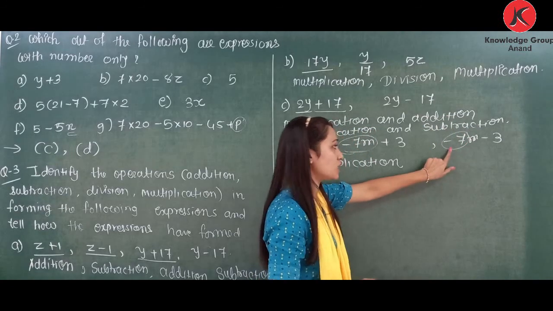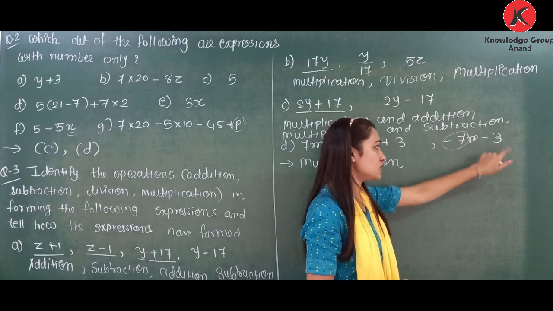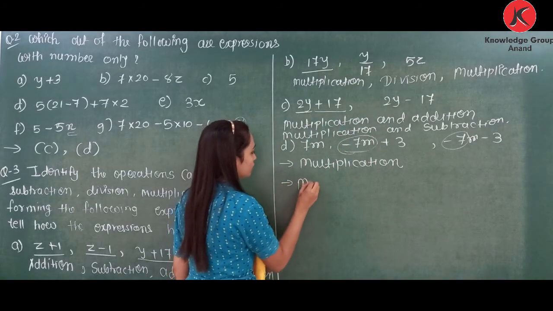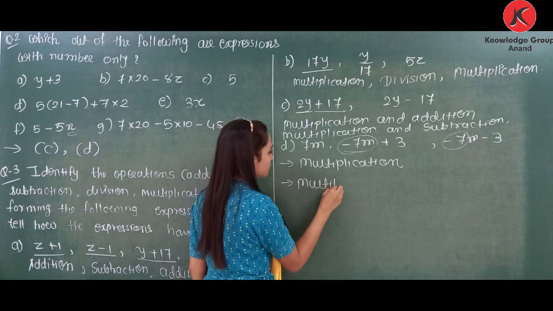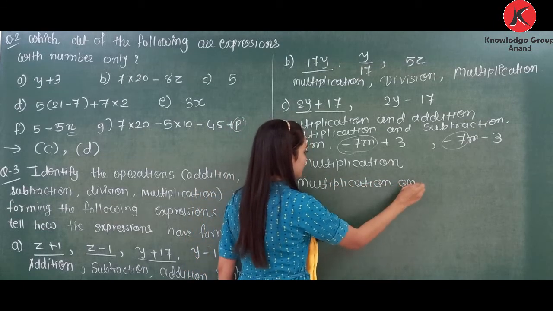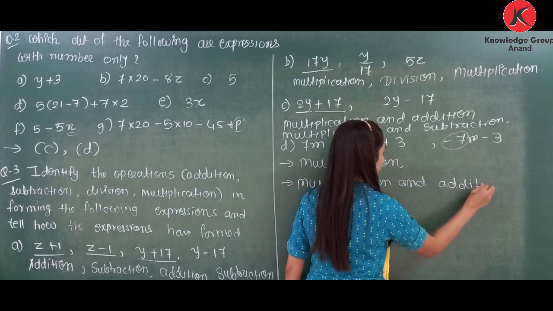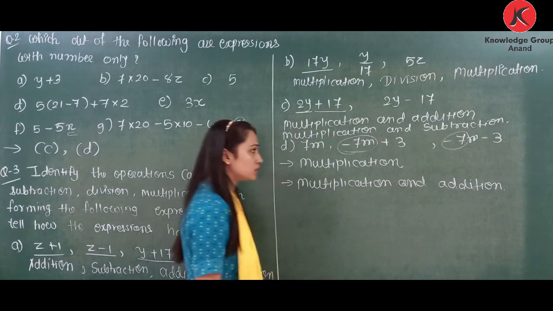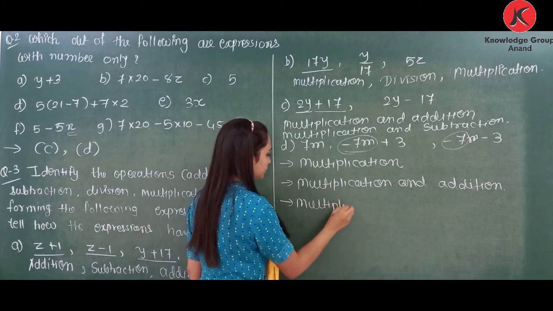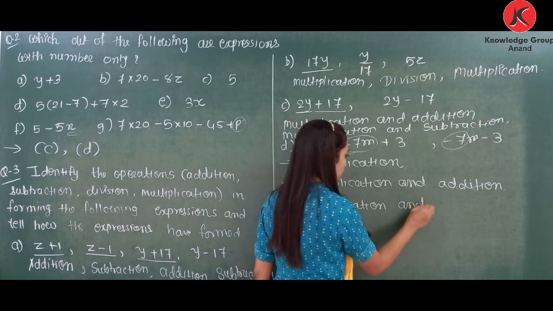It is an integer. Minus 7 is multiplied with the variable m and then 3 is subtracted from that. So here we can write first operation is multiplication and then subtraction is performed.